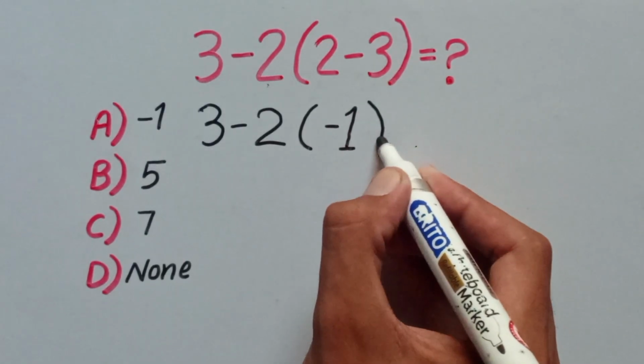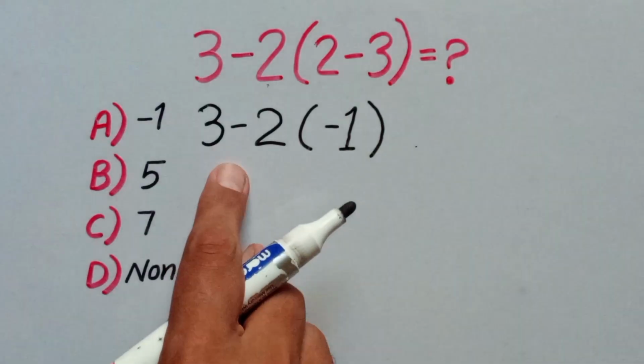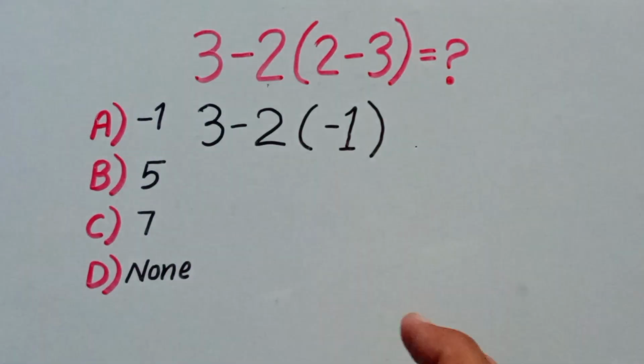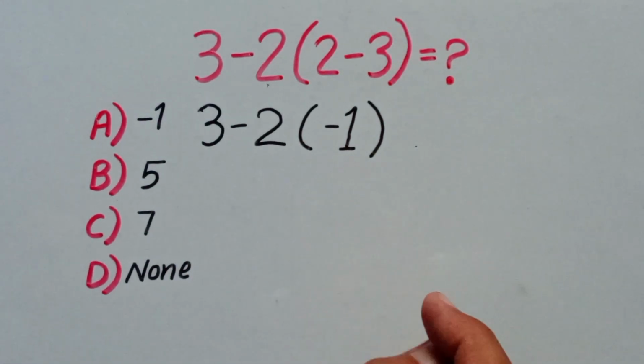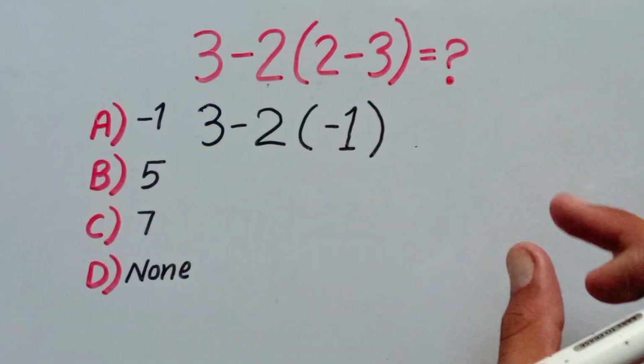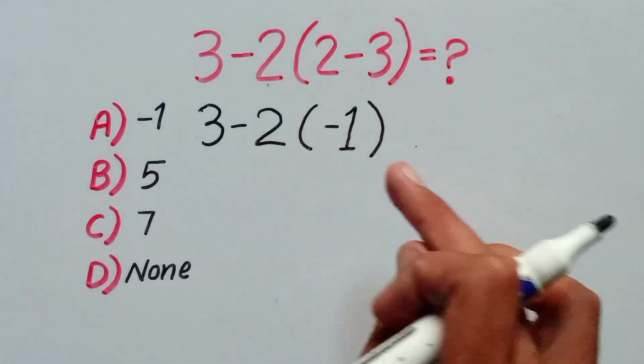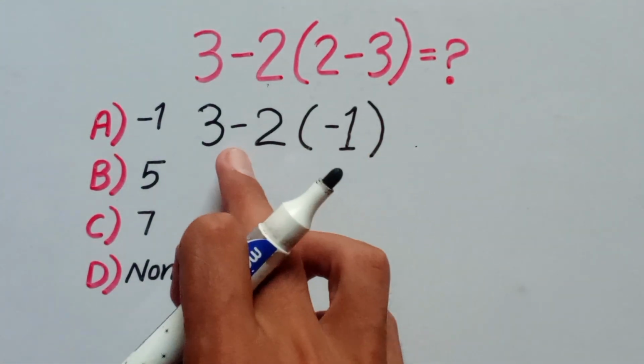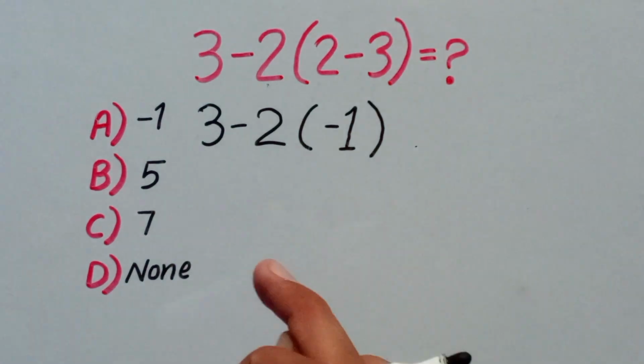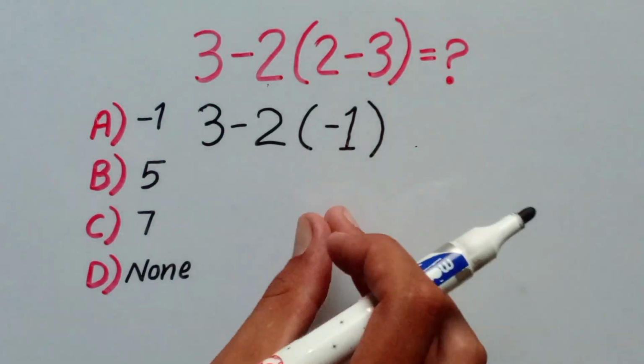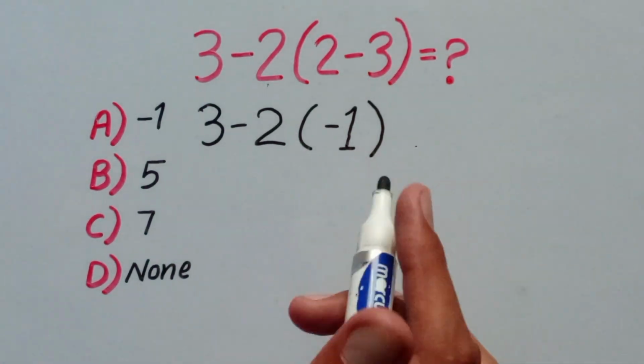Now here one subtraction and one multiplication are present, and in the PEMDAS rule multiplication has higher priority than subtraction. So we solve multiplication first.